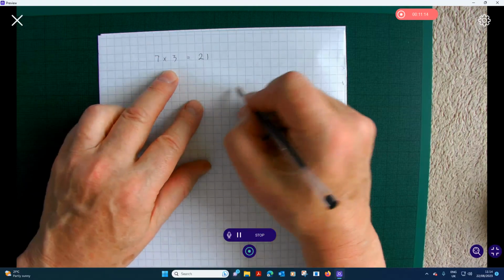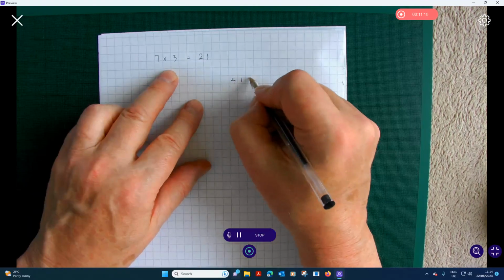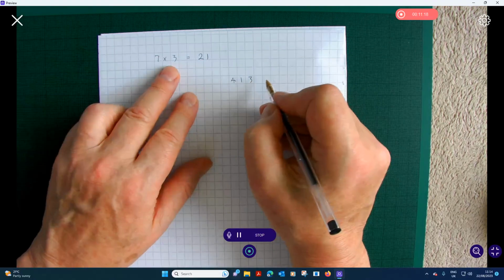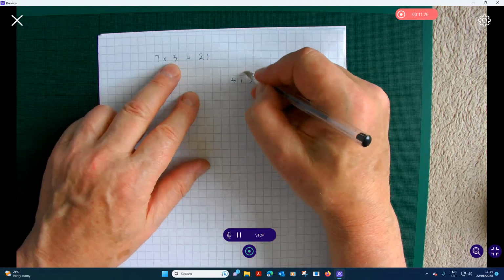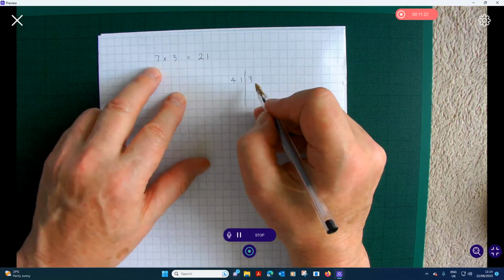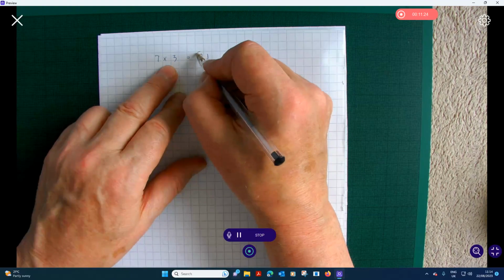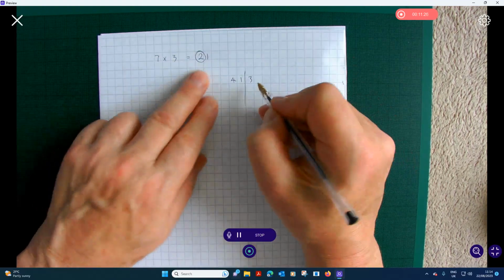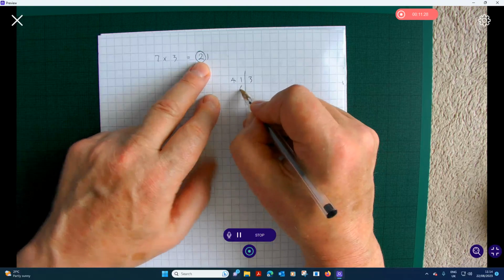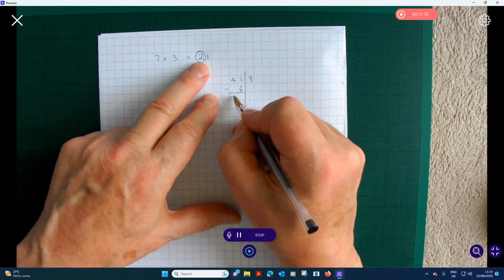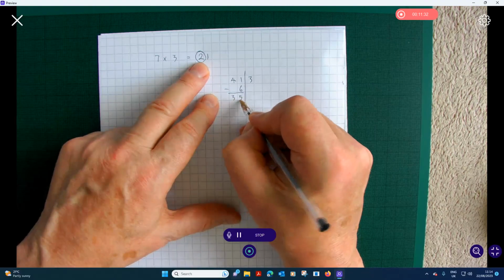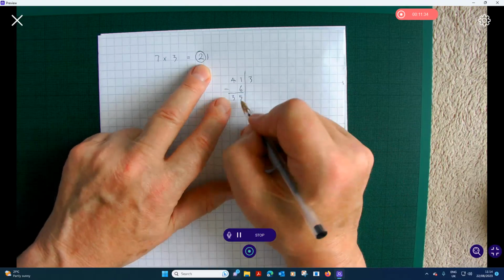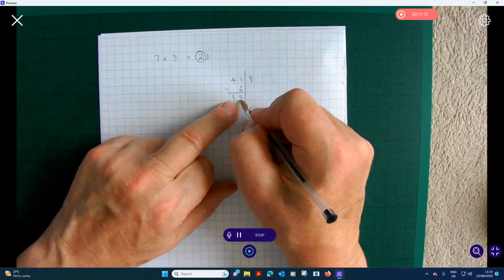Take the example 413. Now I mark off that, and my operator is 2. So 3 2s are 6, and I subtract that from 41 and I get 35. That does the job nicely, because that's clearly a multiple of 5.